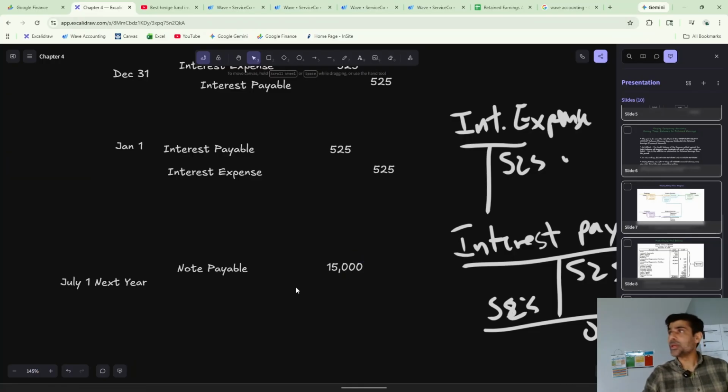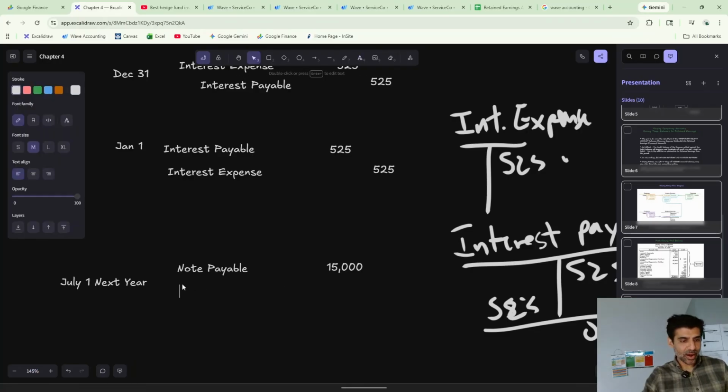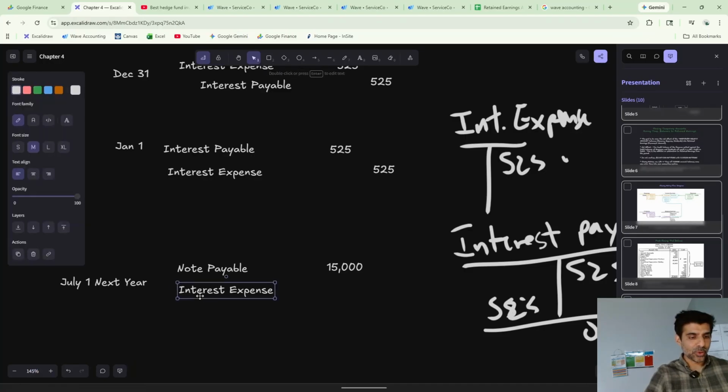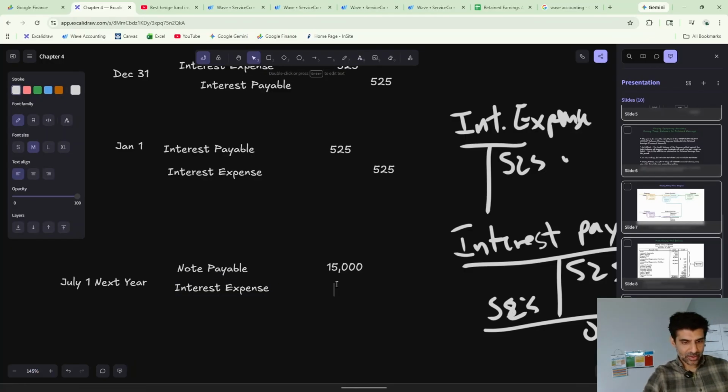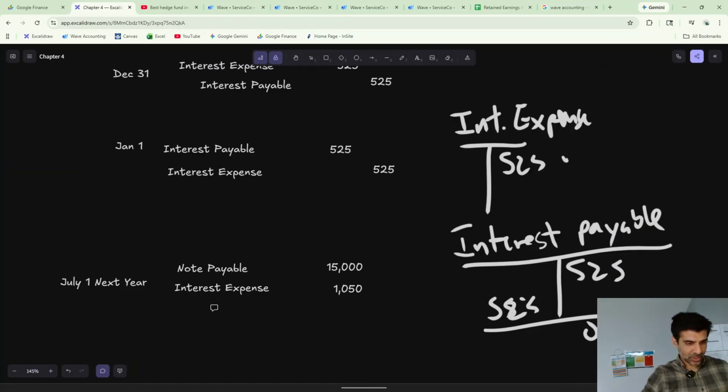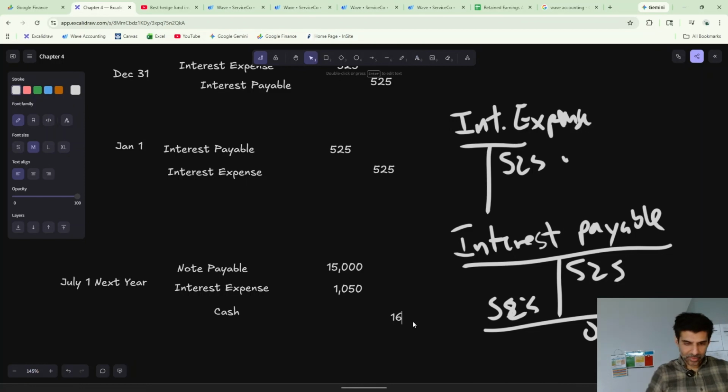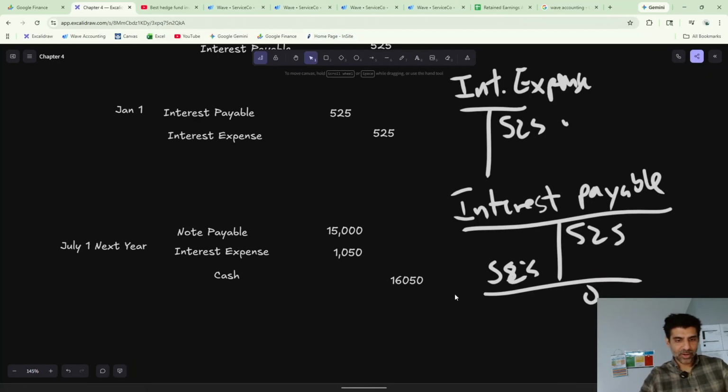And this is the beauty of this whole system. I can just put all the interest to interest expense. I don't have to worry about that adjusting entry I did before because I've already reversed it out. So what was the total interest? I think 1,050. Is that right? And then cash 16,050.